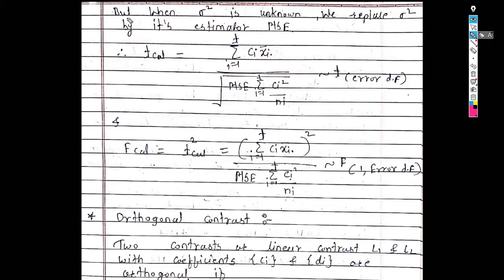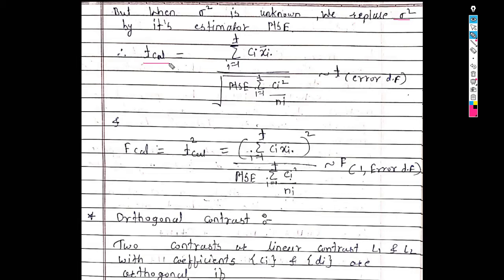Now here we discuss the case when sigma square is unknown. When sigma square is known we use the z test, but when sigma square is unknown, we replace this sigma square by its estimator, and we know that the mean sum of square due to error is an unbiased estimator of sigma square. So we replace sigma square by MSE. In that case we use the t test statistic.